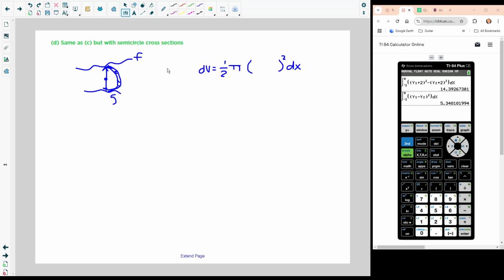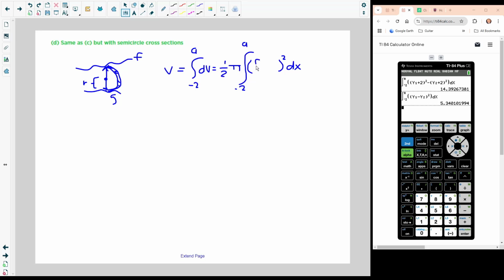And of course, to get the actual volume, I want to integrate this. And I'm going to keep that 1/2 and the pi outside of this integral. And it's going to be -2 to a. And this is our radius, not diameter. So unfortunately, f minus g is a diameter. But I actually only want the radius, r. So the radius is half of that diameter.